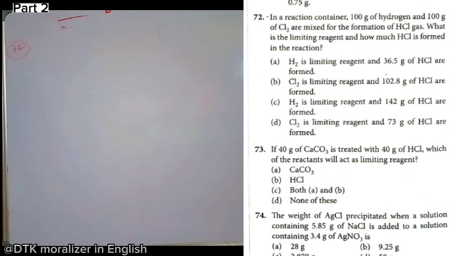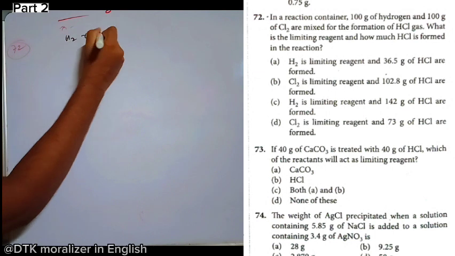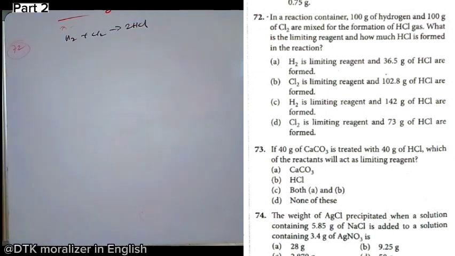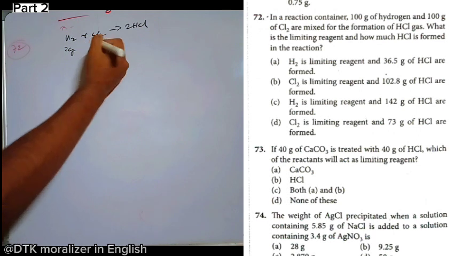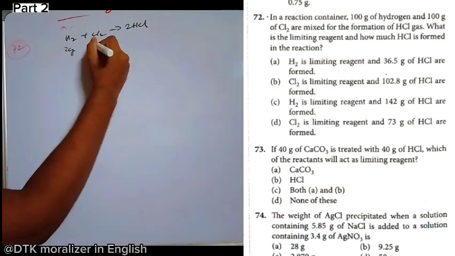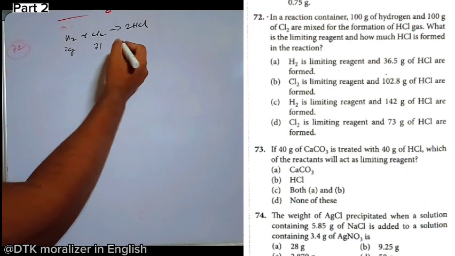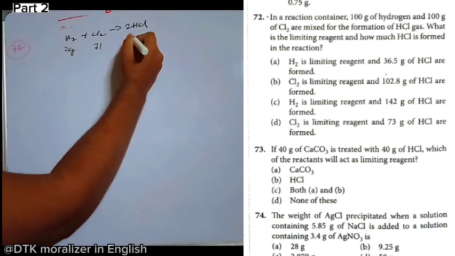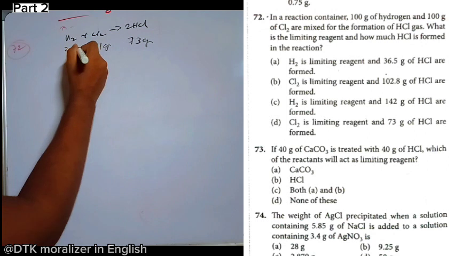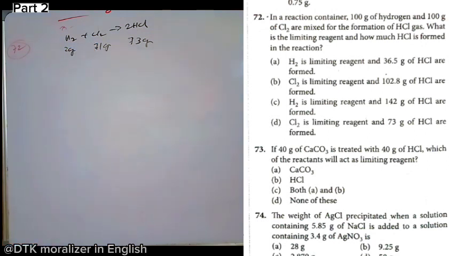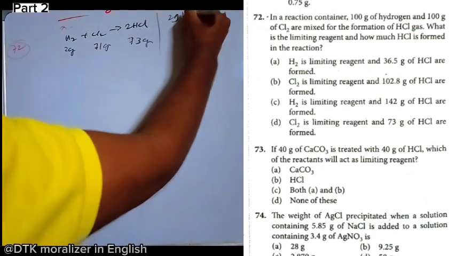Now question number 72. In a reaction, 100 grams of hydrogen and 100 grams of Cl2 are mixed for the formation of HCl gas. What is the limiting reagent? How much HCl is formed in the reaction? Here H2 plus Cl2 gives HCl. Here 2 grams and 71, that is Cl2. 2 moles of HCl is 73 grams.